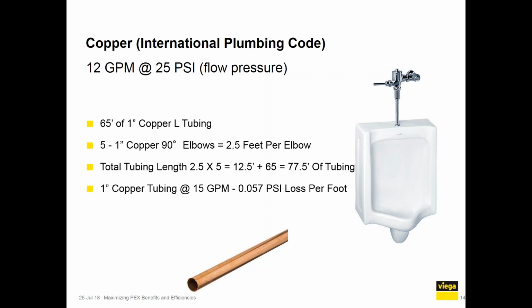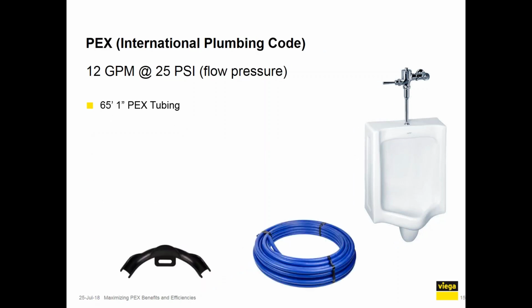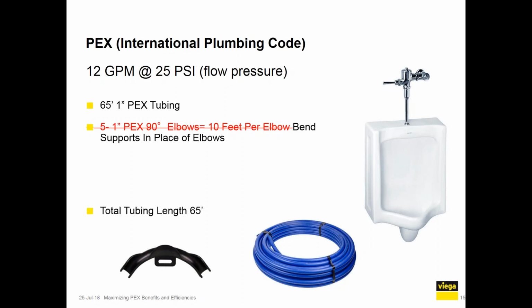Then you're translating that into your pressure loss and your overall pressure loss for the full length of the tubing. With PEX, you have the same length of PEX tubing. However, you're able to eliminate those elbows and use bend supports instead. So that minimizes your pressure loss, even though you do have that smaller inner diameter, like we mentioned.